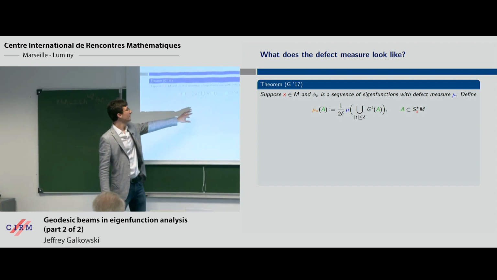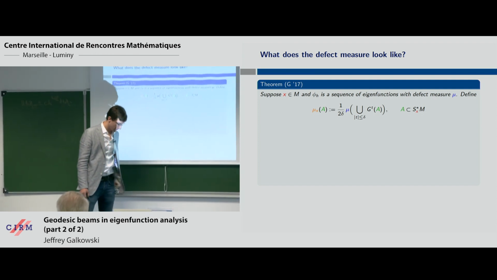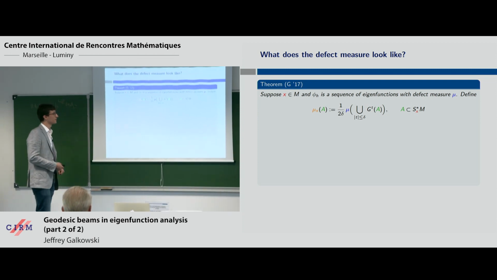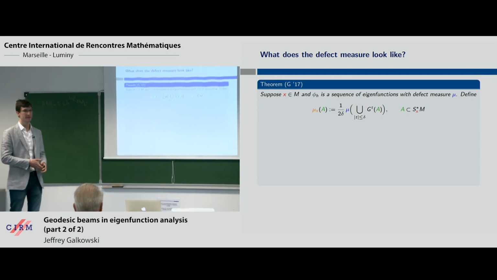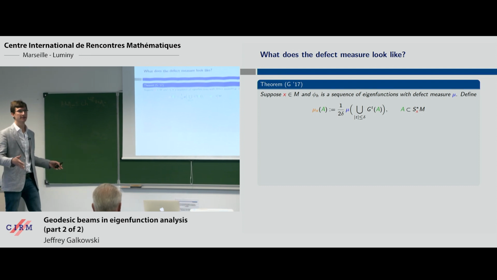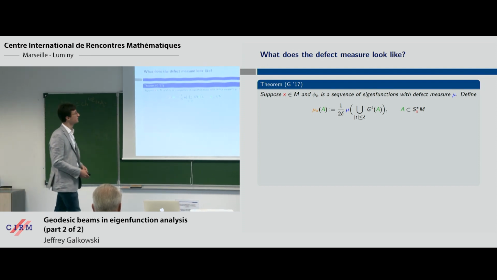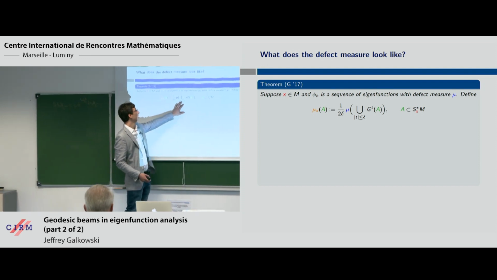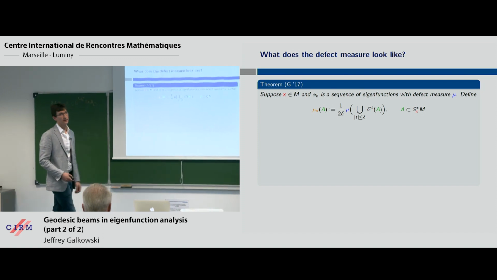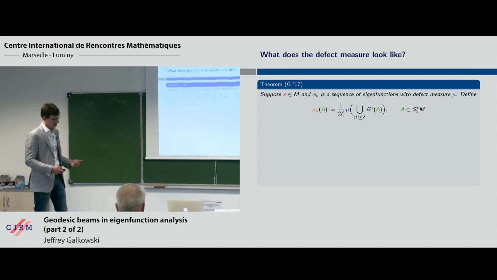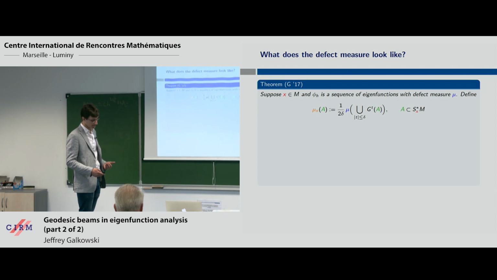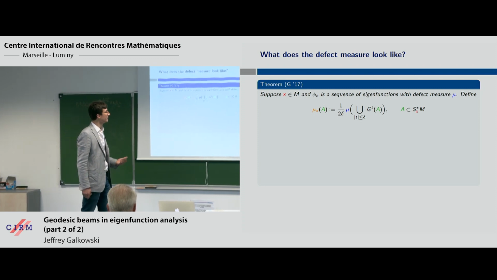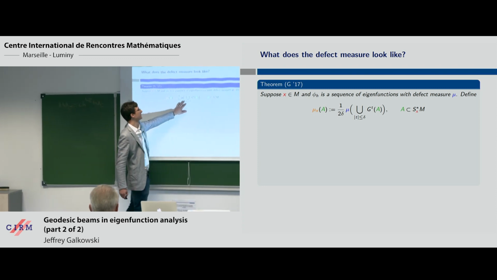The way you do that is you take this subset of directions and flow it out forwards and backwards in time for some time delta. This gives you a little slab of geodesics. You take the energy there, and you average. And the point is, this doesn't depend on delta, and that's because mu is invariant under the geodesic flow.